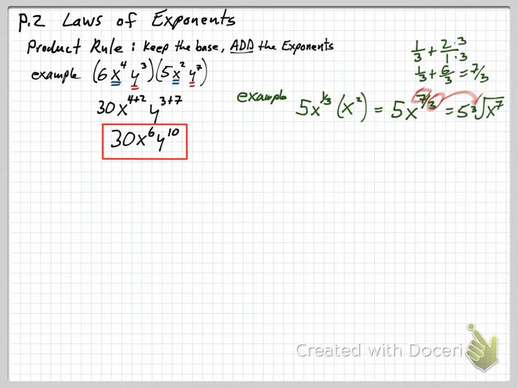This guy right here will then become the exponent of the term inside the radical. Probably not going to be using that a whole lot. If it's square roots, yes. A lot of times we're just going to leave things in this format right here.